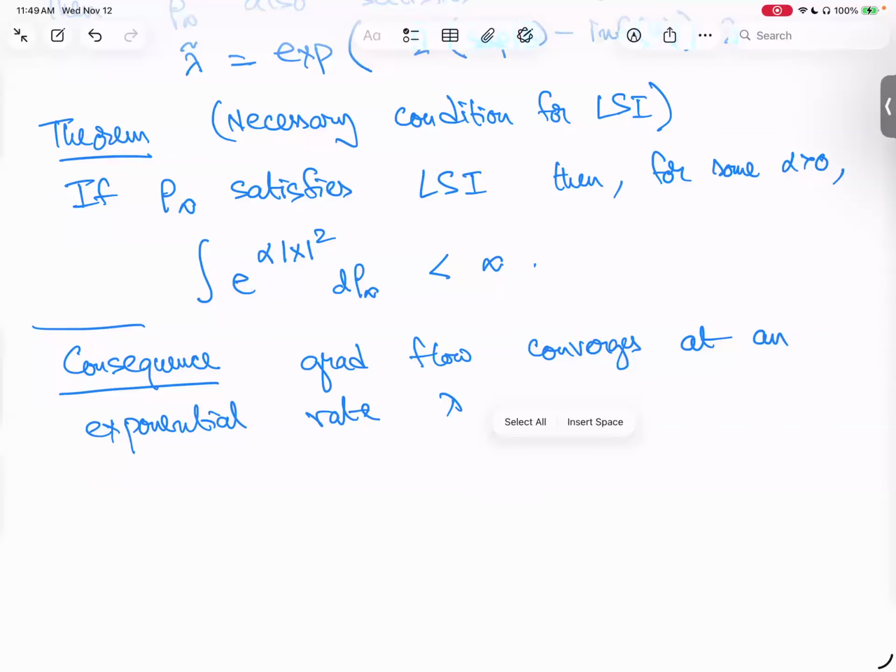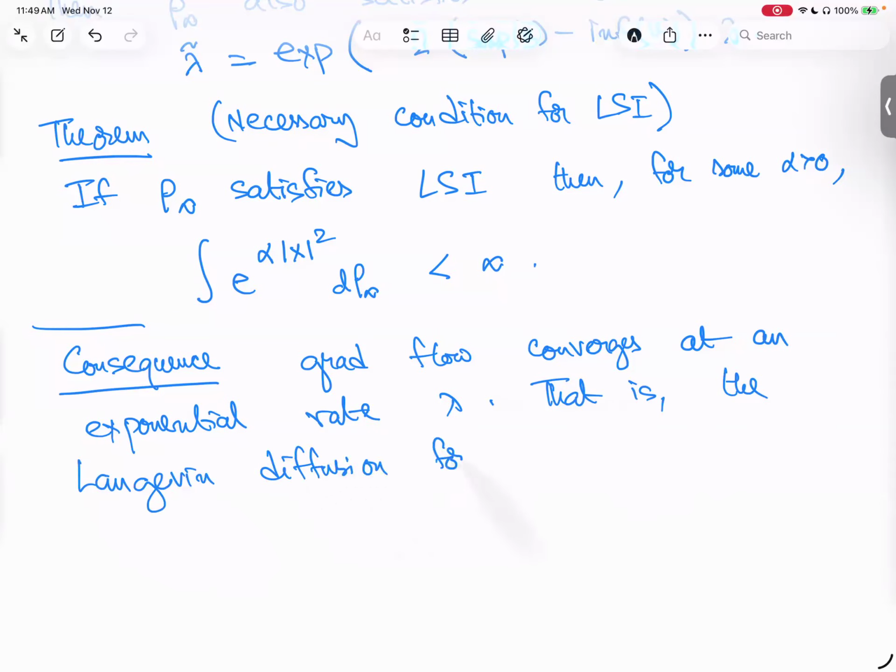This means the Langevin diffusion for rho infinity converges exponentially fast.